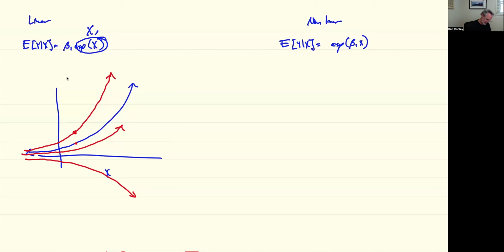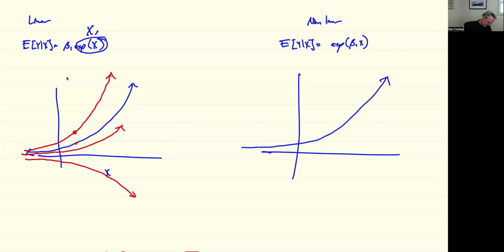Now, again, if beta 1 is 1, that base function is the same as on the left-hand side. We have a standard exponential function. Now, if beta 1 equals 2, we are going to get something that looks a lot like if beta 1 equaled 2 over there.